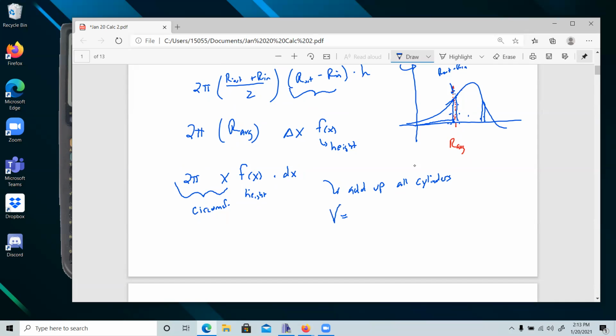And this volume is going to be the integral from wherever to wherever of 2 pi x, this is your circumference, times your height, times the thickness.